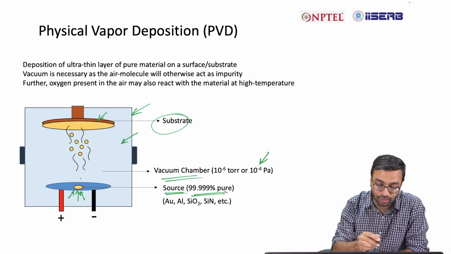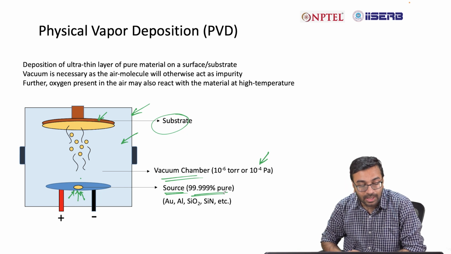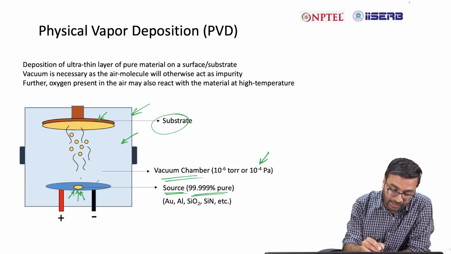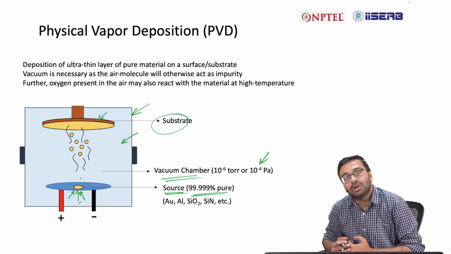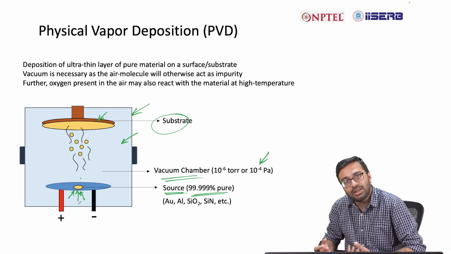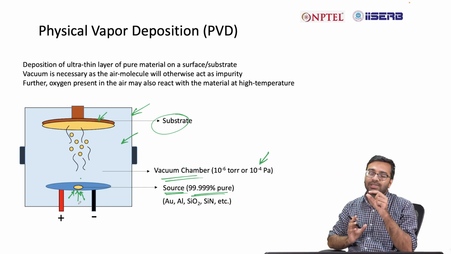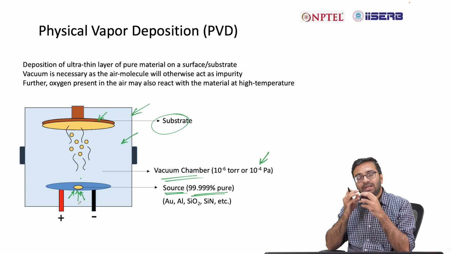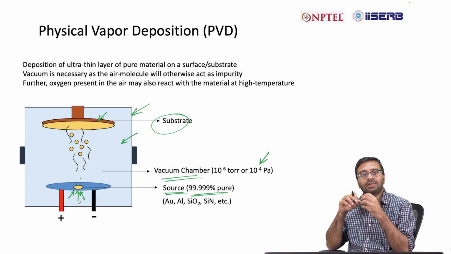Then you need a heating technique. Usually, you can go for resistive heating. Resistive heating means, if you have a resistor and pass current through it, then that resistor will generate a certain amount of heat. We call it resistive heating.